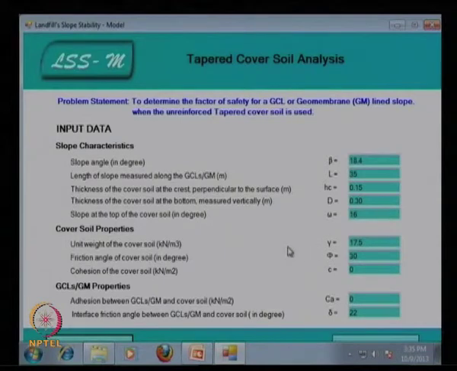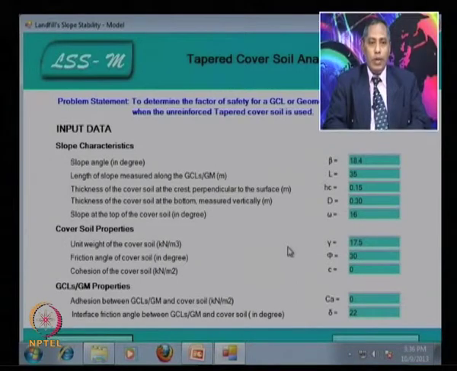The slope at the top of the cover soil is 16 degrees, and the cover soil properties are: unit weight of the cover soil 17.5 kilonewton per meter cube, friction angle of the cover soil phi 30 degrees, and cohesion of the cover soil C is 0.